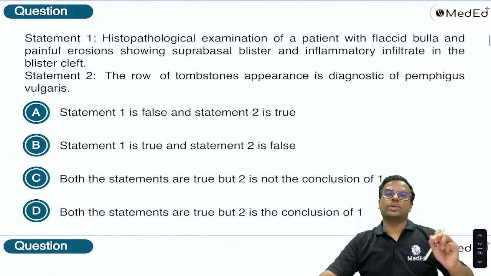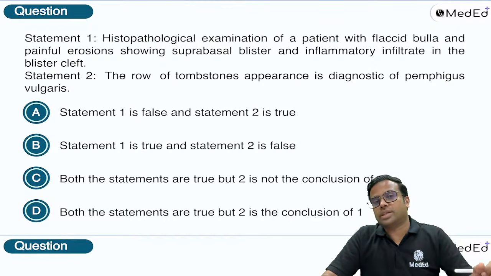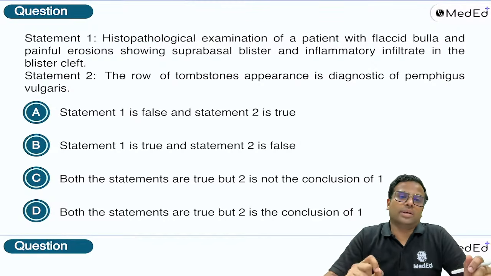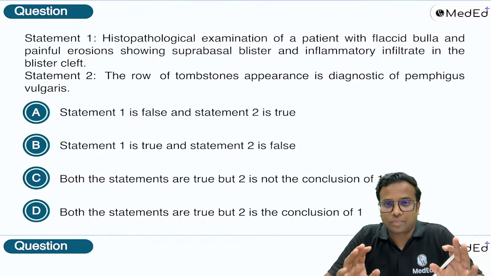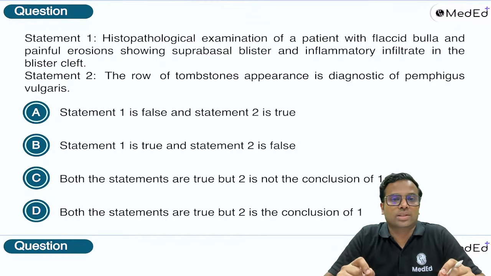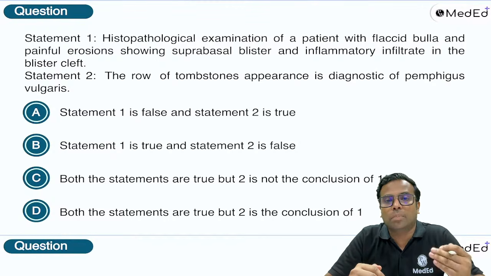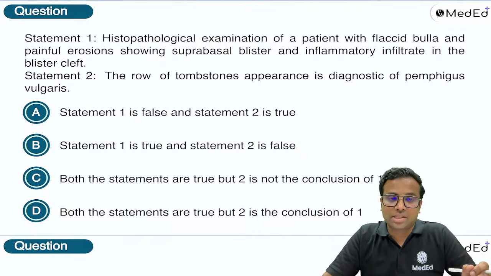So moving to the next question, there are two statements given. Typical INICET question, right? Statement 1: the histopathological examination of a patient with a flaccid bulla and painful erosions shows a suprabasal blister and inflammatory infiltrate in the blister cleft.